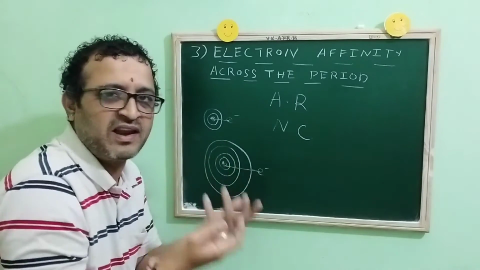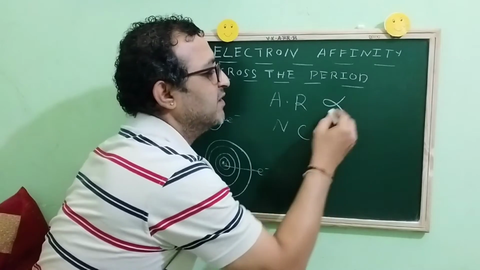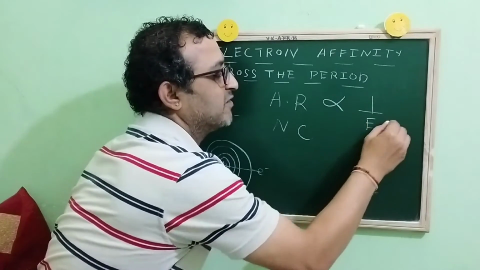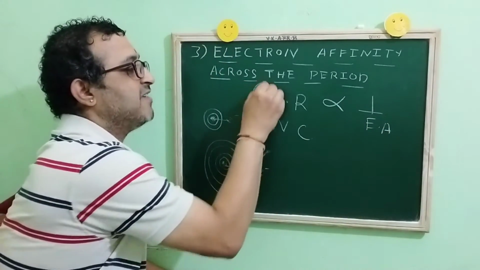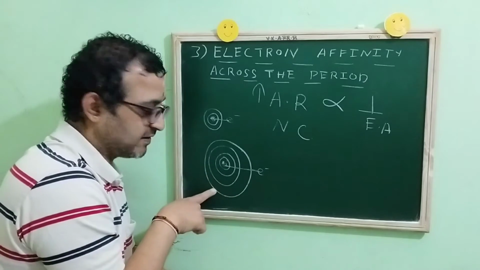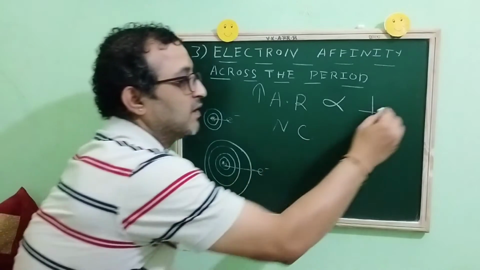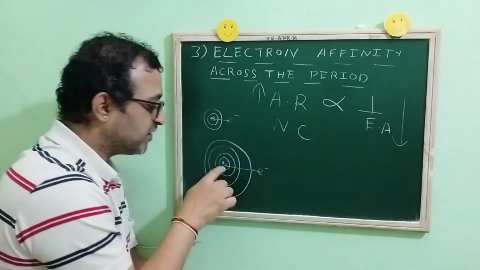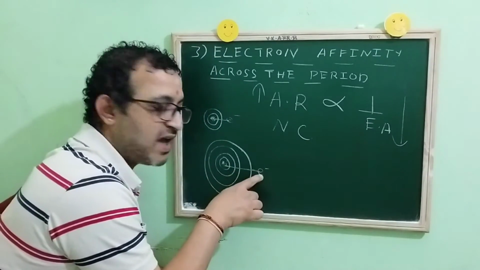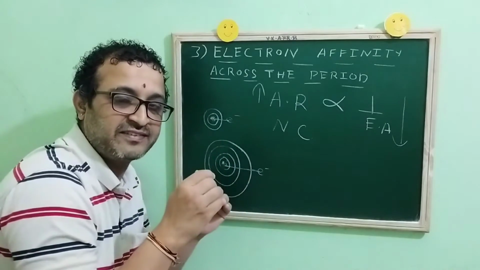So, then what is the relationship? The relationship is something like this. Inverse relationship. As the atomic radius increases, the force of attraction between the nucleus and the electron is what? Less.